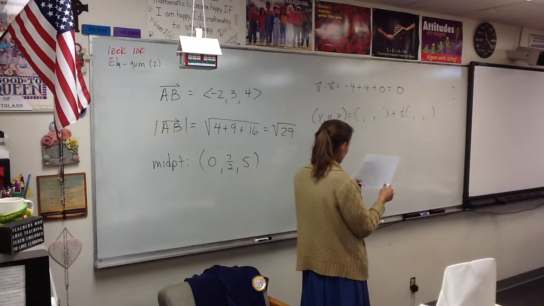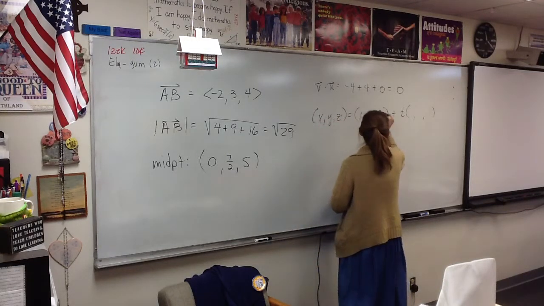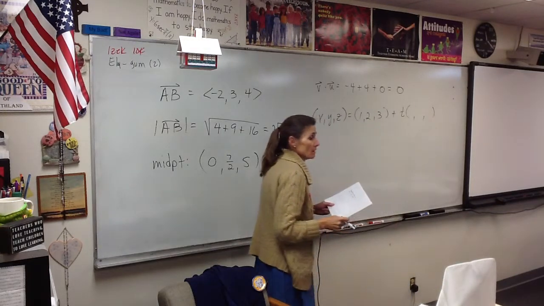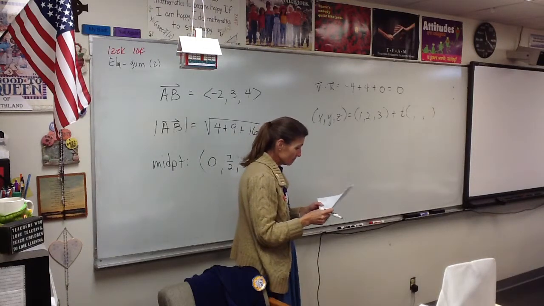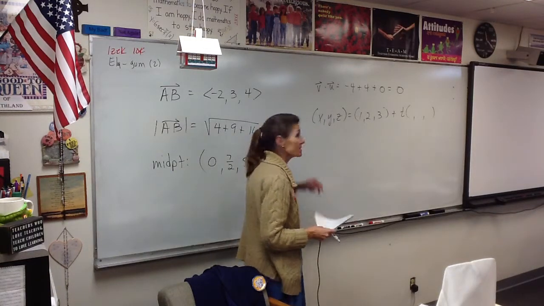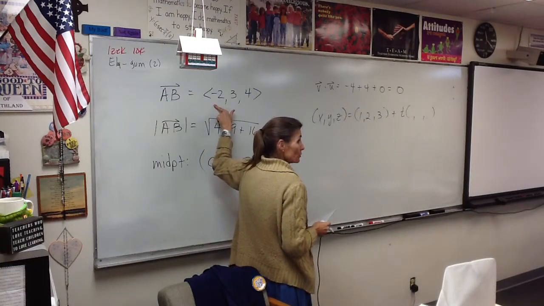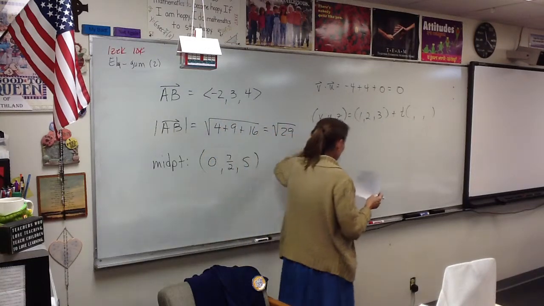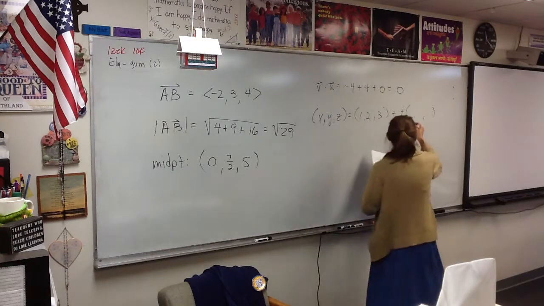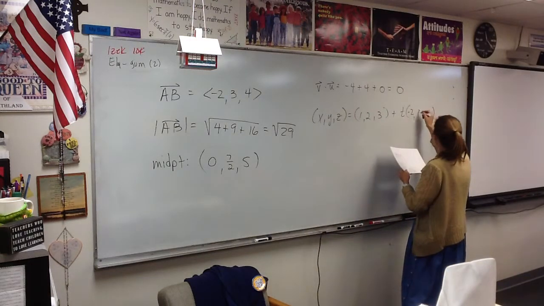I'm doing A, B, so I'll just use 1, 2, 3. What goes in the second one? The directed distance, the vector coordinates, right? Now you've already figured that out. You could do it again, but you already did it. The vector from A to B is -2, 3, 4.